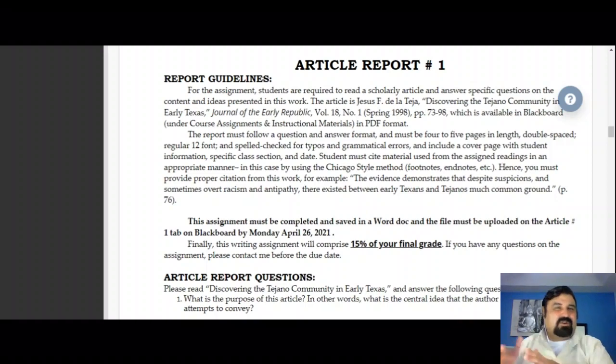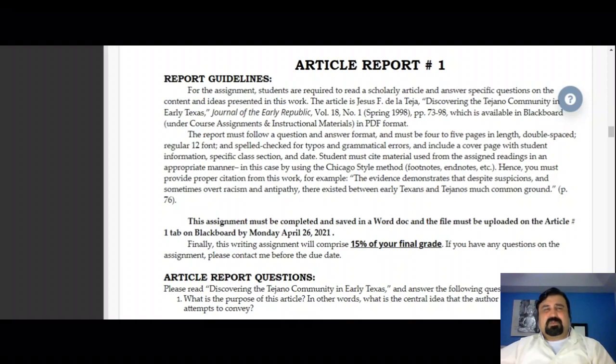The Tejanos are the people of Mexican descent in Texas, and the Texans are the people of American descent in Texas. There are striking similarities in their experiences. They have a lot of shared experiences and shared values, and there's a lot of overlap in their cultures. So this is a very good article.